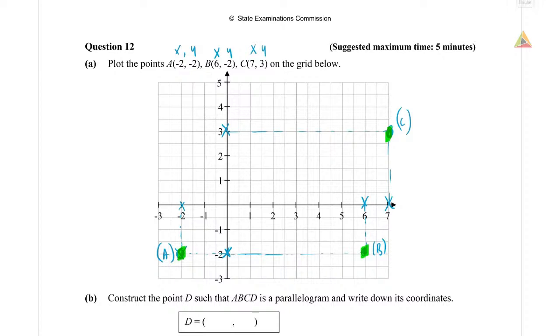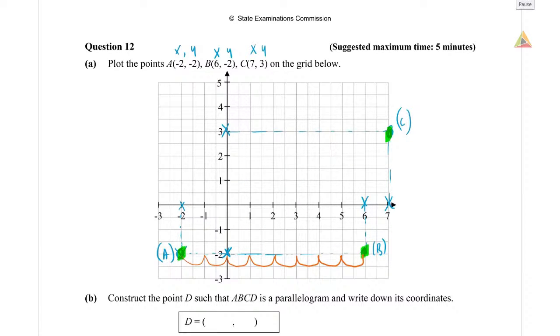Now, they're asking us to construct the point D such that A, B, C, D is a parallelogram and write down its coordinates. Now the way you do this, if it's a parallelogram, that means the opposite sides must be equal. So if we look at the point A and we count how many units on the x-axis it takes to get to B. So 1, 2, 3, 4, 5, 6, 7, 8.